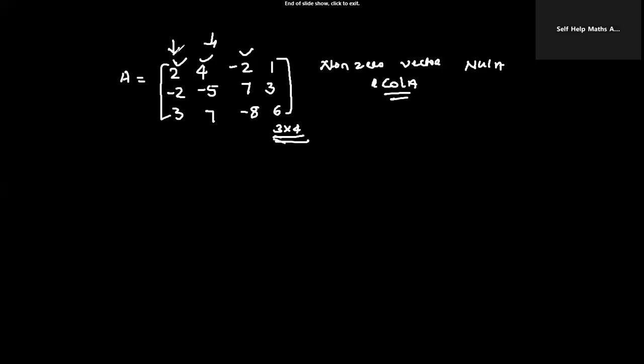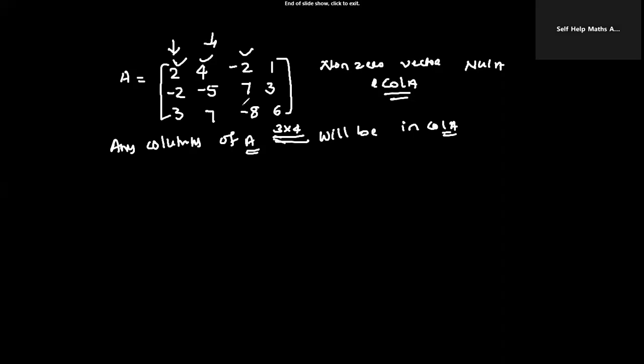any particular column, whether you take the first column, second column, third, or the fourth column, depending on how many columns your matrix has, every column will be in Col A. So it is quite easy, a straightforward answer for Col A. Any column of a given matrix A will be in Col A. Only if, for example, a column is 0, 0, 0, and they're asking for a non-zero vector, then you can leave that particular column.